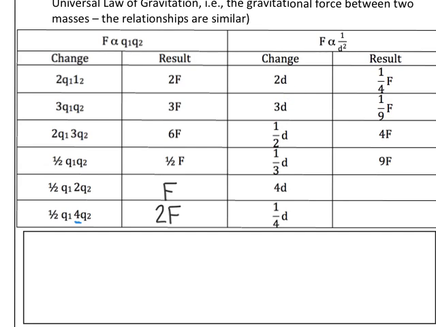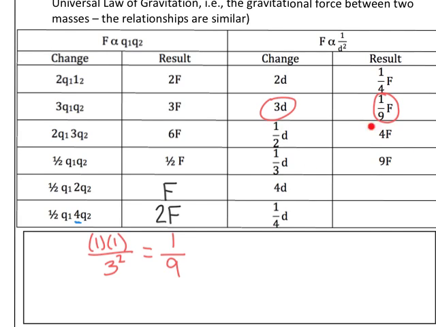Nothing is happening in the numerator, so the K doesn't change, the charges don't change, so I'm going to put 1s right there. But in this case, my distance is tripled. So I would put a 3 where the distance would go in the formula and square that. And that's where I end up with 1 times 1 is 1, and then 3 squared is 9. And that's how we got 1/9 of that force.